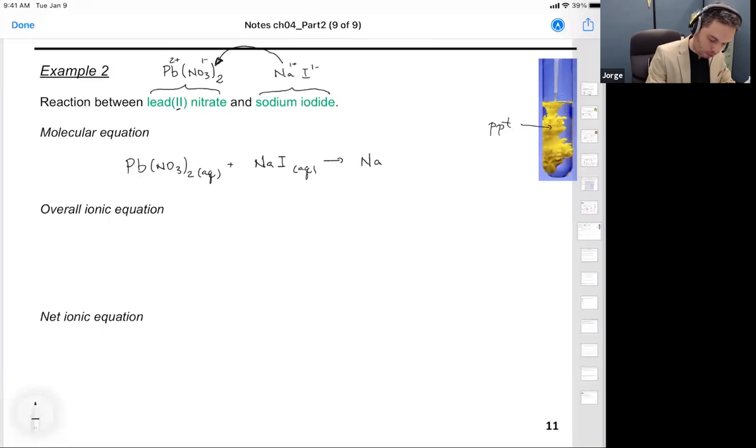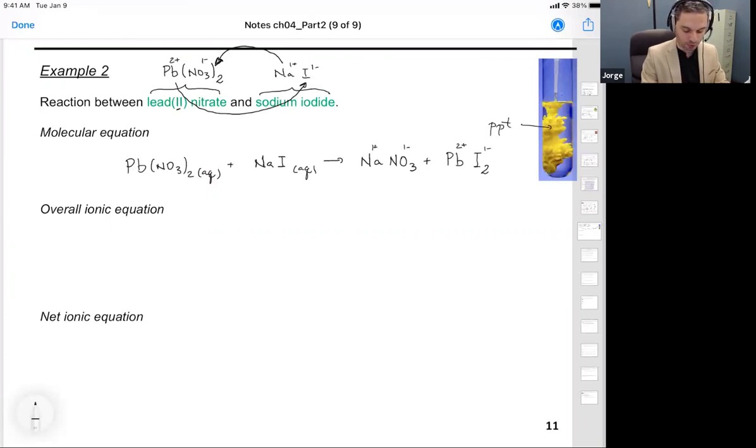And they are going to combine and form sodium nitrate. 1 plus, 1 minus, does not need to cross anything. And lead is going to look for the other negative, which is iodide. Lead is 2+, iodide is 1-, cross the charges, we end up with PbI2 here. Don't need to write 1 as a subscript for the lead.